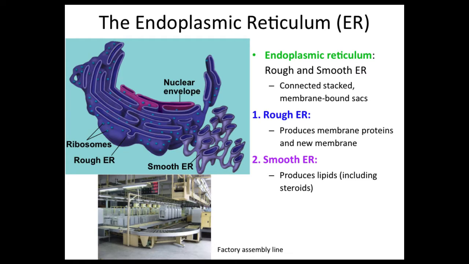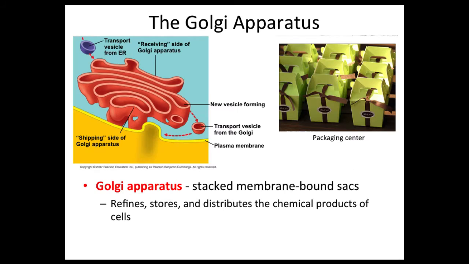Now notice the rough appears rough because it is covered with ribosomes, and the smooth lacks these ribosomes, which is why it appears smooth. We know that ribosomes play a role in protein synthesis, so it makes sense that the rough ER would produce membrane proteins.